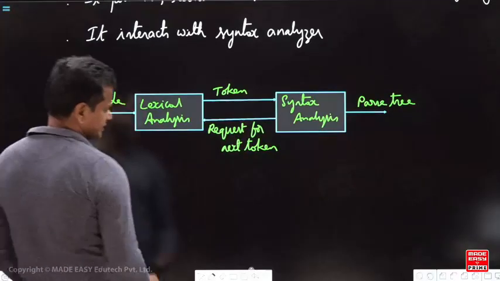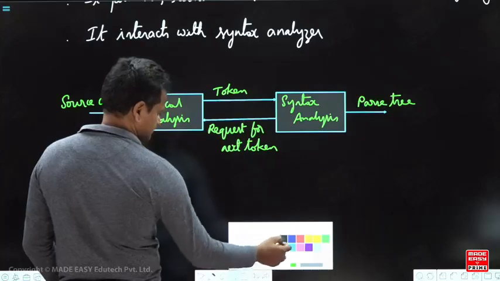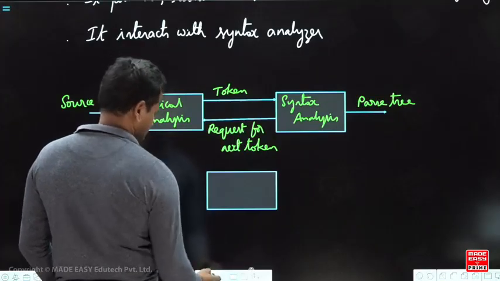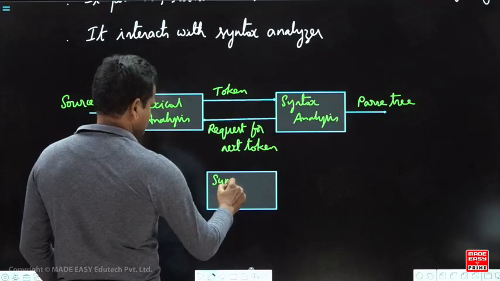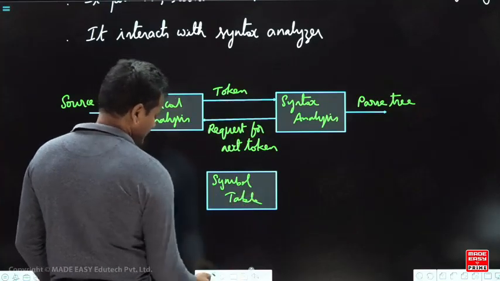Of course, they will interact with the symbol table also. This is the symbol table. Every phase interacts with it.